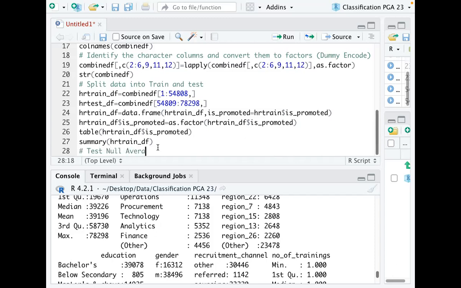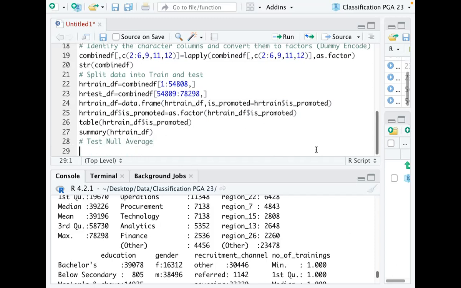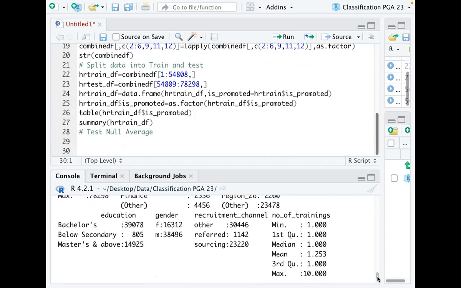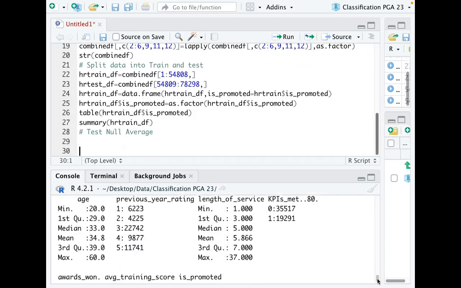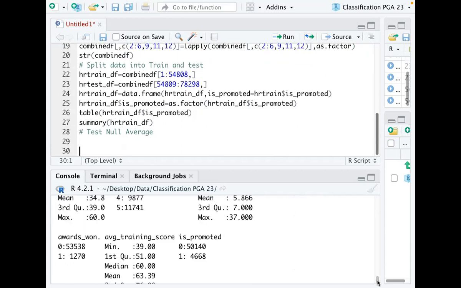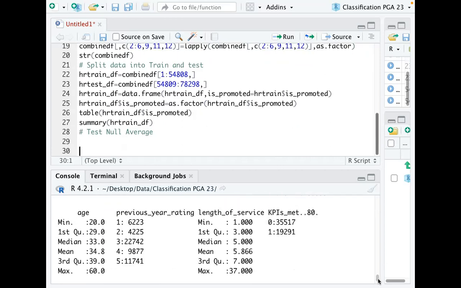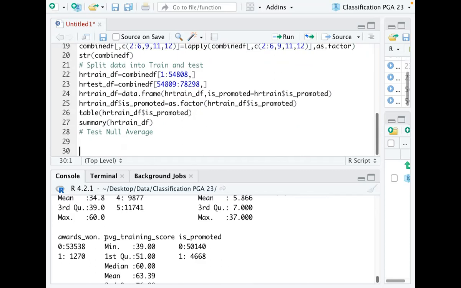Test null, the average training score of male and female employees equal.